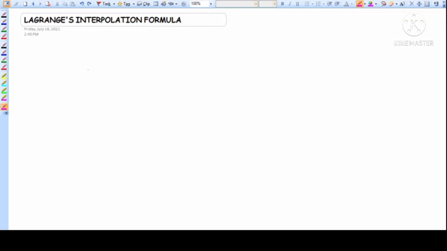So today we are going to discuss Lagrange's interpolation formula. After Newton's forward interpolation formula and backward interpolation formula, we will study Lagrange's interpolation formula.